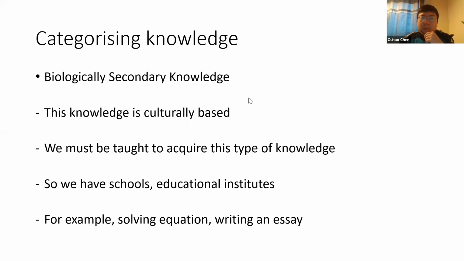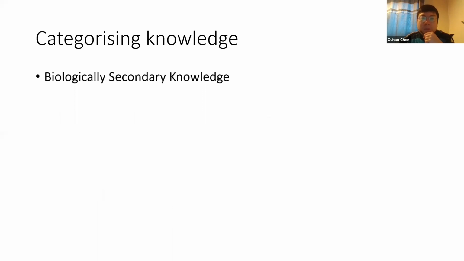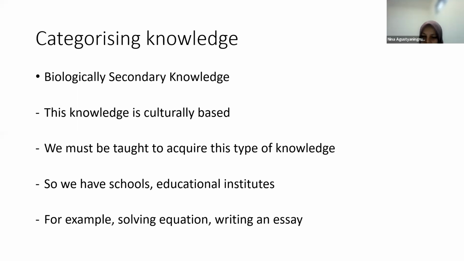And for biological primary knowledge, like hearing, speaking, and those skills, they are from our ancestors. We naturally inherited those skills, so we don't need to teach them in the schools, in the learning context, in the classroom. Yes.